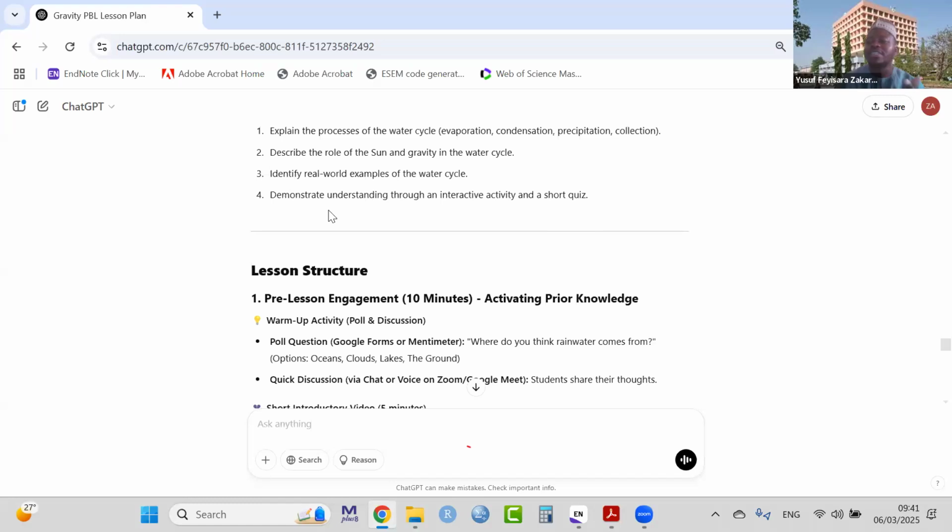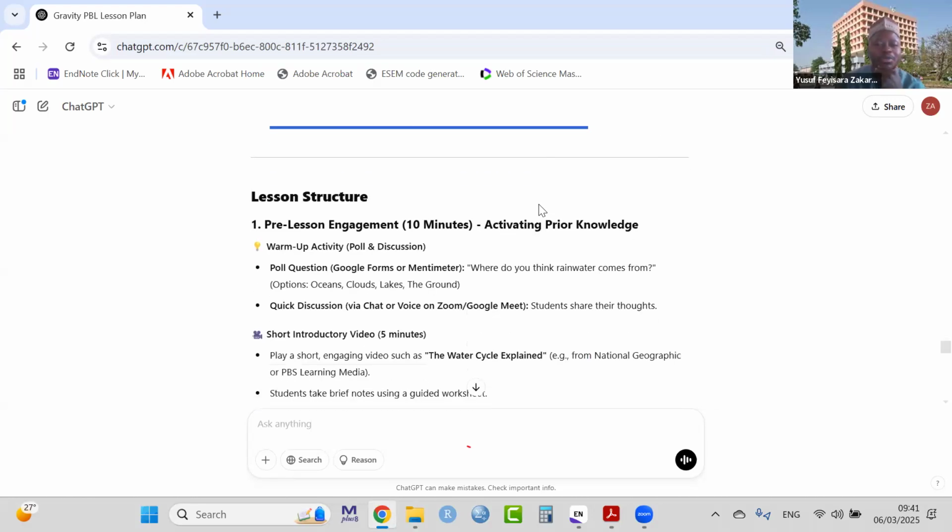It doesn't say to understand, but rather says demonstrate understanding. Demonstrate is an action verb. Okay? So because now demonstrate has preceded understand, does that mean this learning outcome is now acceptable? So that is the question for you. Be thinking about it.